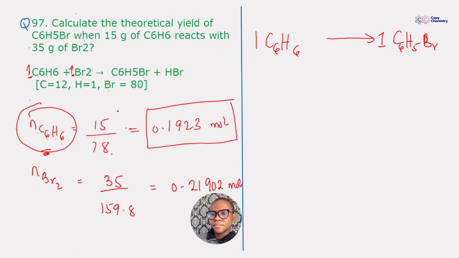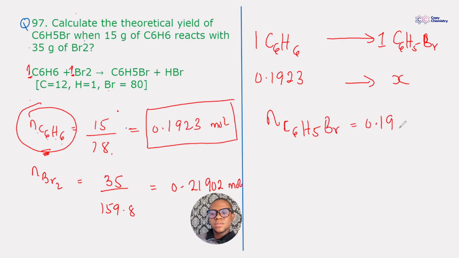So that just means that if I have 0.1923 moles of benzene, then it will produce the same 0.1923 moles of bromobenzene. So the number of moles of bromobenzene that would be formed is just 0.1923. That's it. But that's not all. This is just the number of moles.